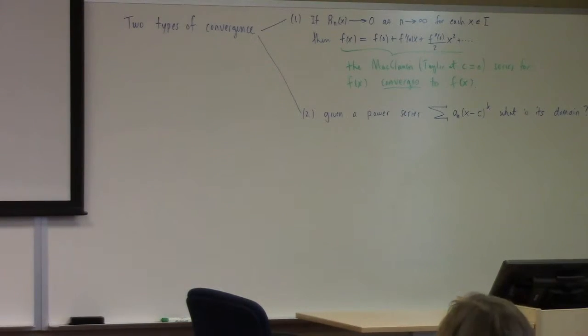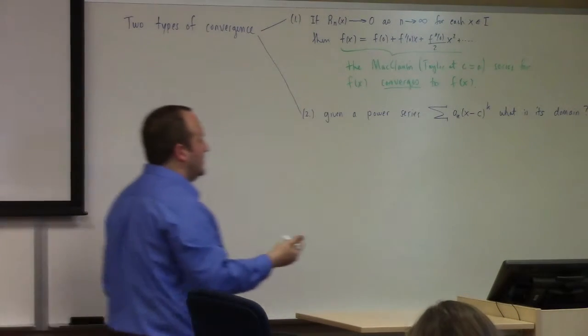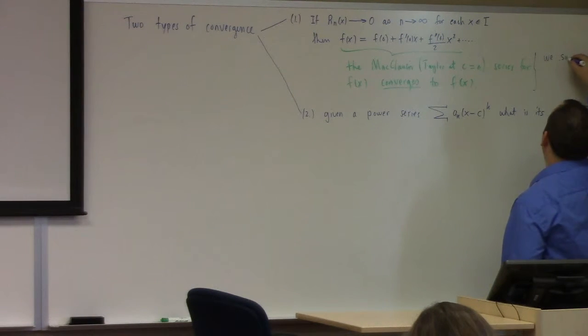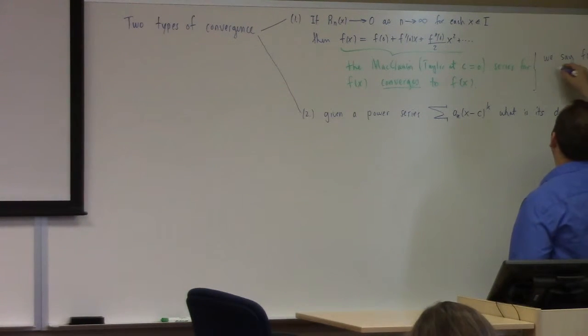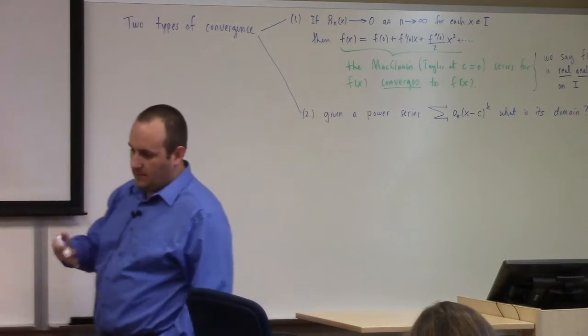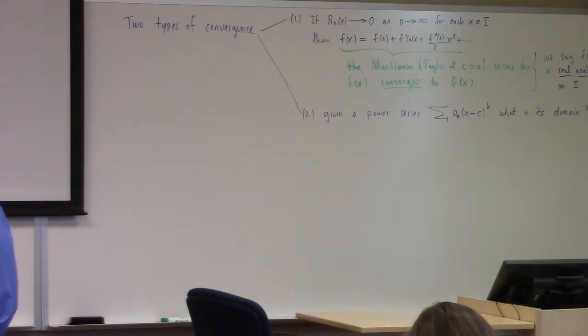By the way, functions that have this happen have a special name. We say f of x is quote-unquote real analytic on I. If a function is reproduced by its power series on the interval, then it is said to be analytic.